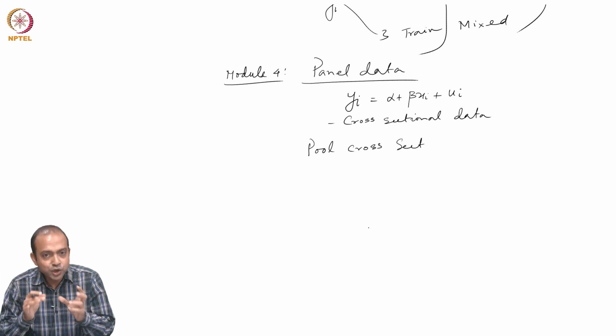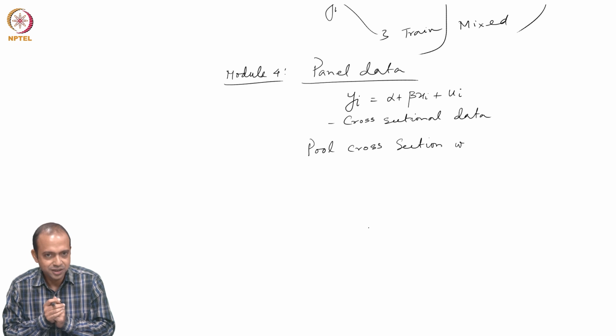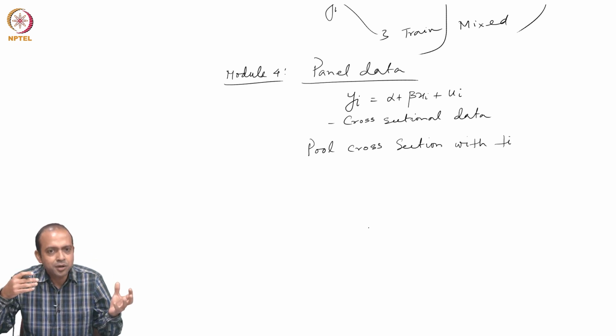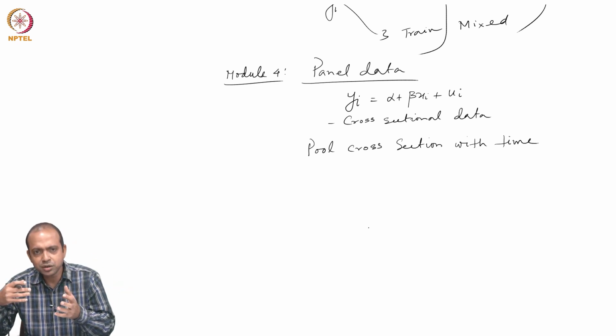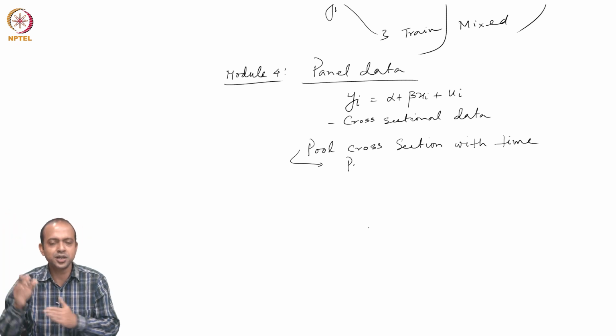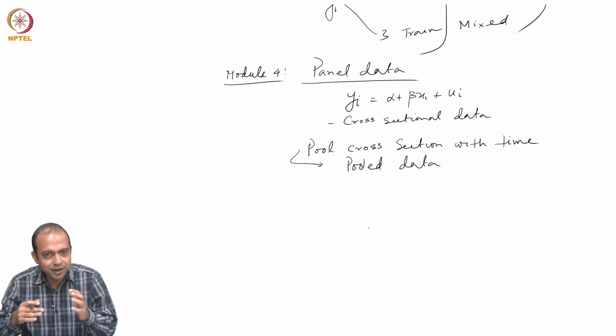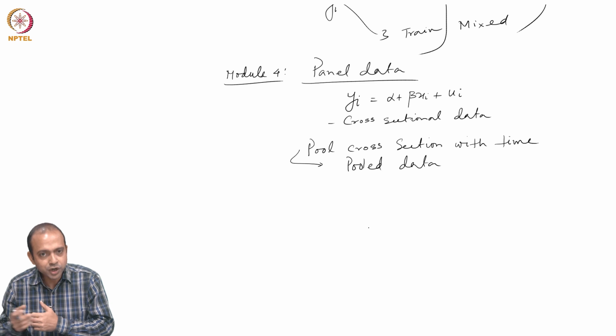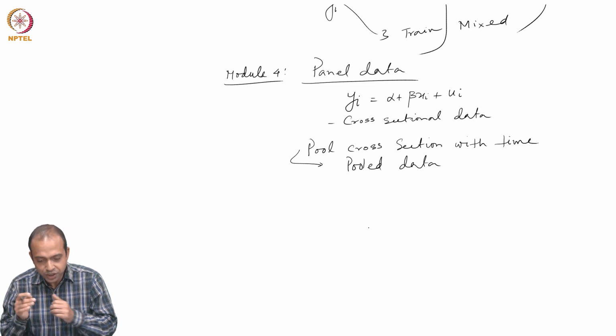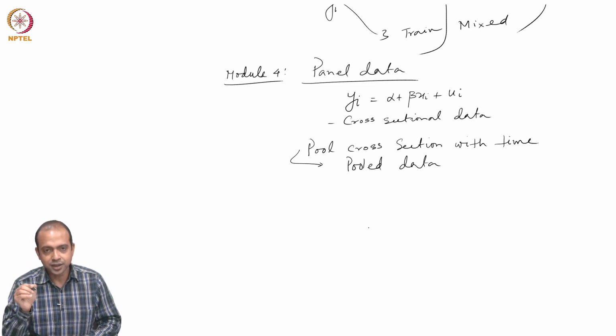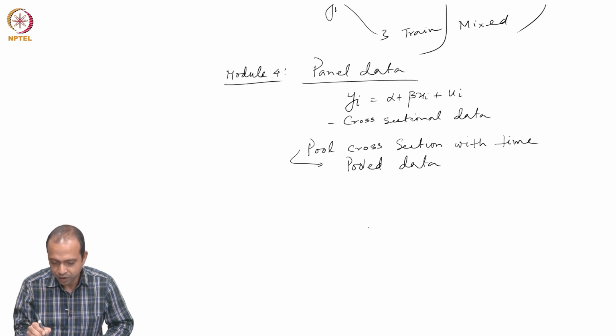Then the question is, why do you need panel data? Generally, we think if we have many cross-sectional observations over a period of time, then we should apply panel data. That should not be the justification. Panel data can serve another important purpose, for which we need to understand the theoretical thing a little better. So, let us say that this is my model, yit equals alpha plus beta xit.